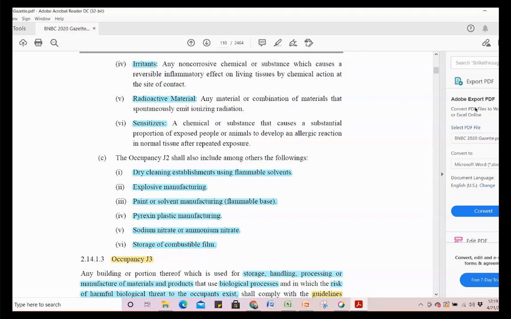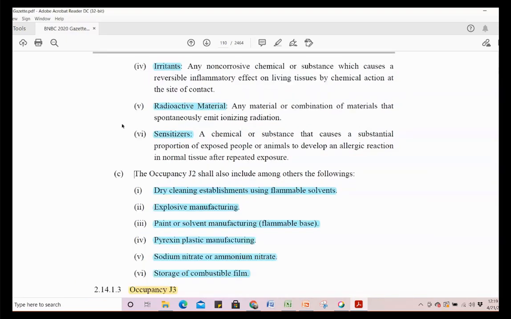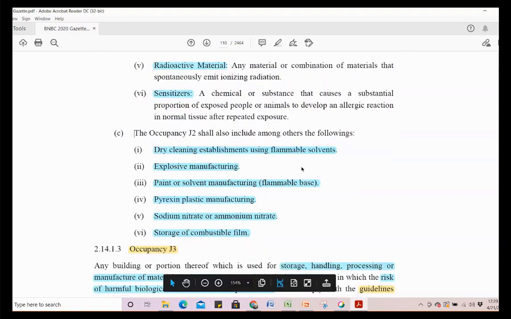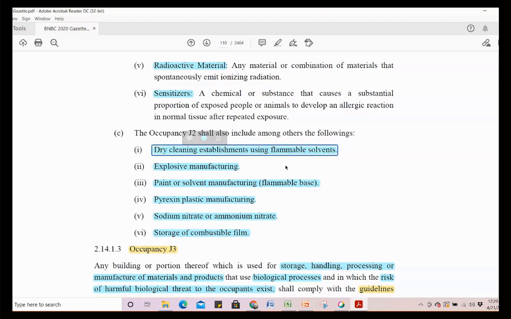Again, after covering the J2 category, there are some special components or projects that also will be categorized as J2, which are dry cleaning establishments using flammable solvents. So it will be categorized in J2. Explosive manufacturing, J2.